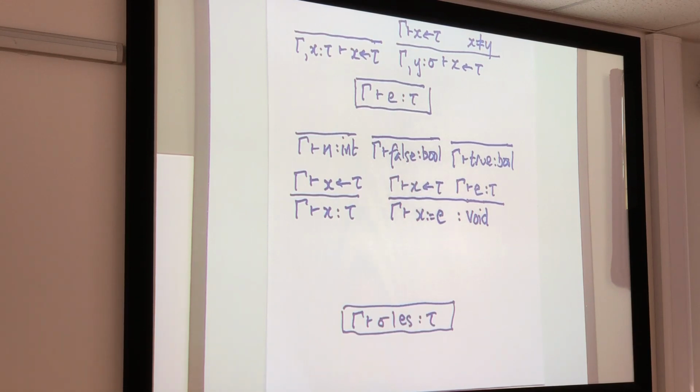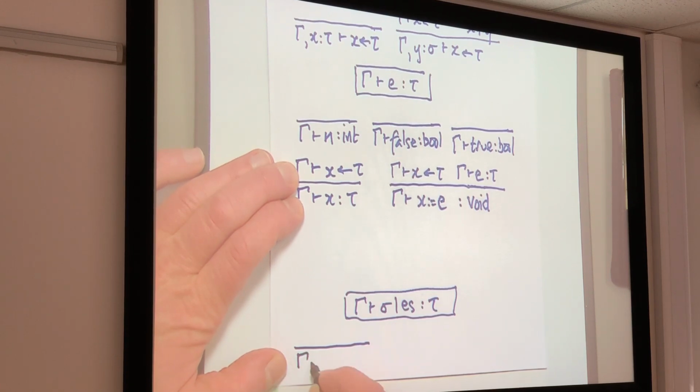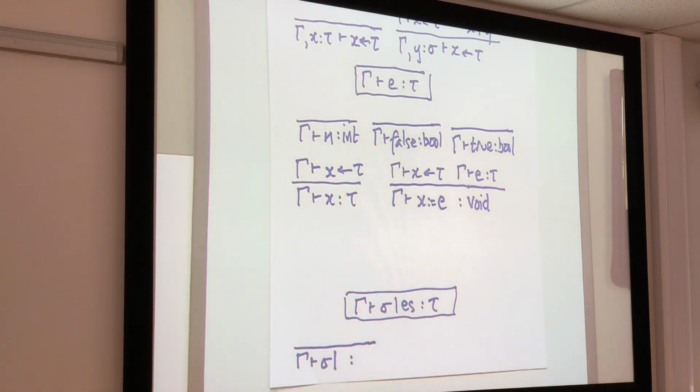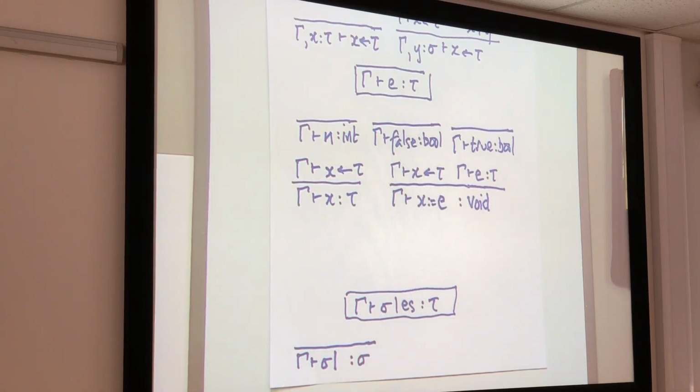Sigma is the type of the last thing we saw before we have these E's to execute. And tau is the type of the last thing we end up with. If the block is empty, and sigma is the type of the last thing we saw before it started, then sigma is what we give back.